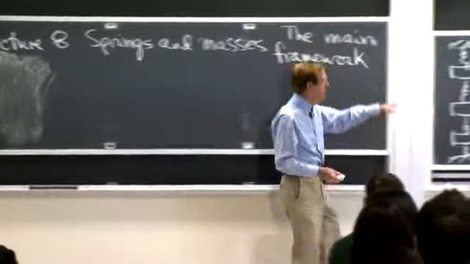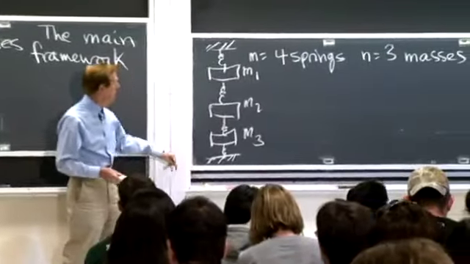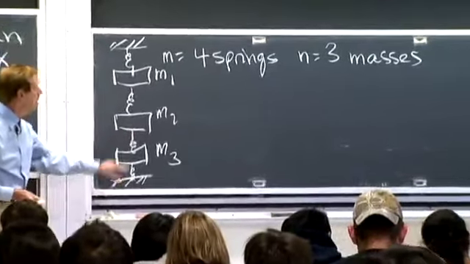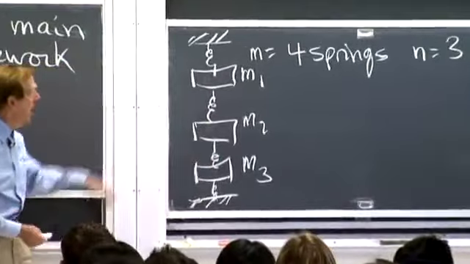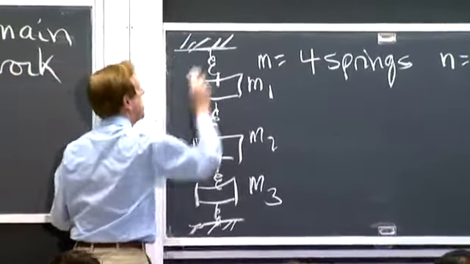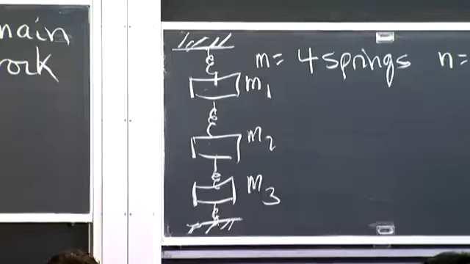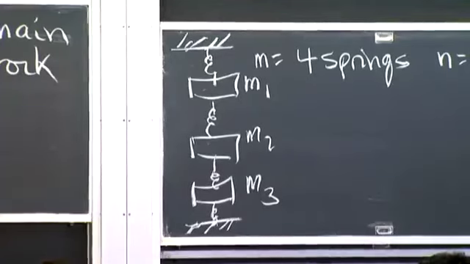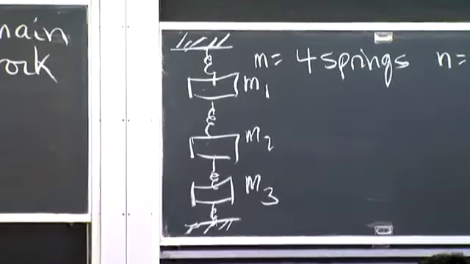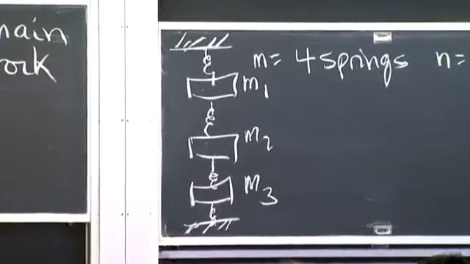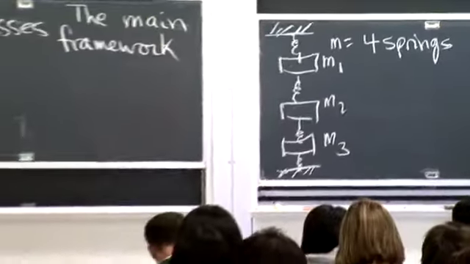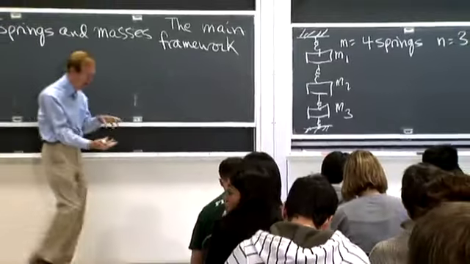Let me draw it with 4 springs connecting 3 masses, and let me fix both ends. So this will be a fixed picture. And the question is, the masses have some weight. The weight pulls the springs down.